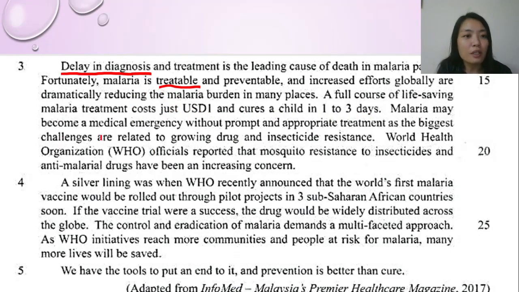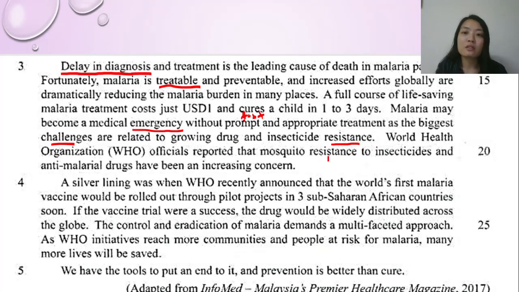Malaria may become a medical emergency without prompt treatment. Prompt means very fast. Without fast and appropriate treatment, the biggest challenges are related to growing drug resistance. So it's saying we have a huge challenge because of insecticide and drug resistance.